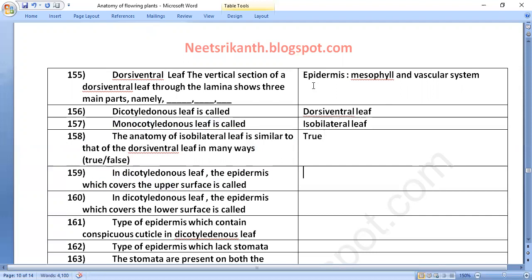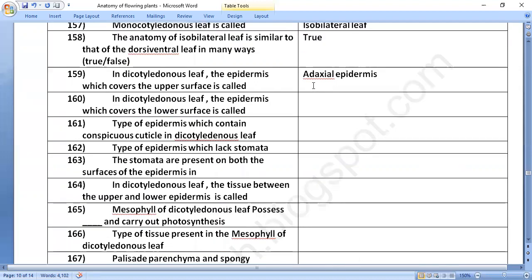In dicotyledonous leaf, the epidermis which covers the upper surface is called adaxial epidermis, and the epidermis which covers the lower surface is called abaxial epidermis. Both contain a conspicuous cuticle.